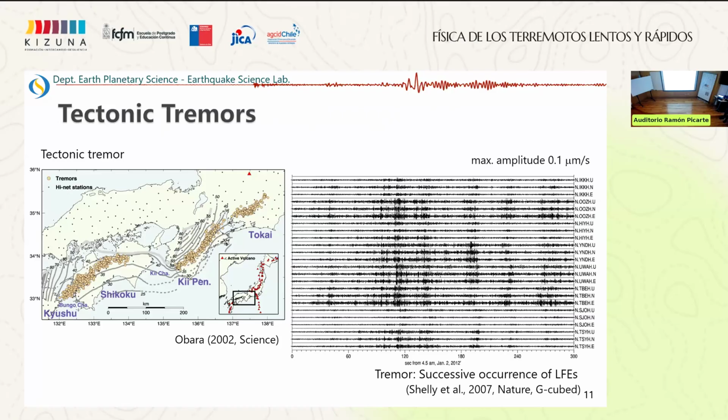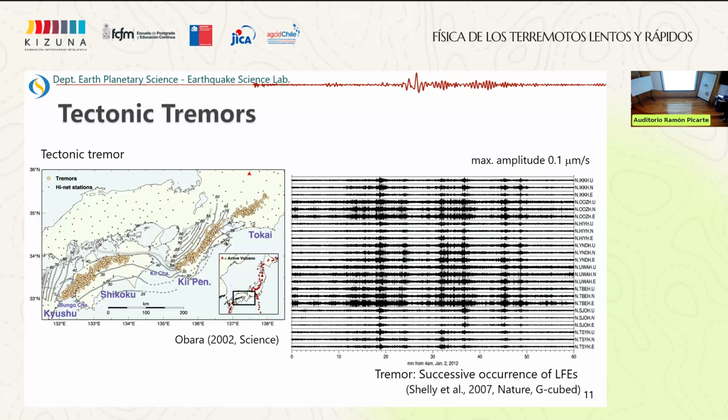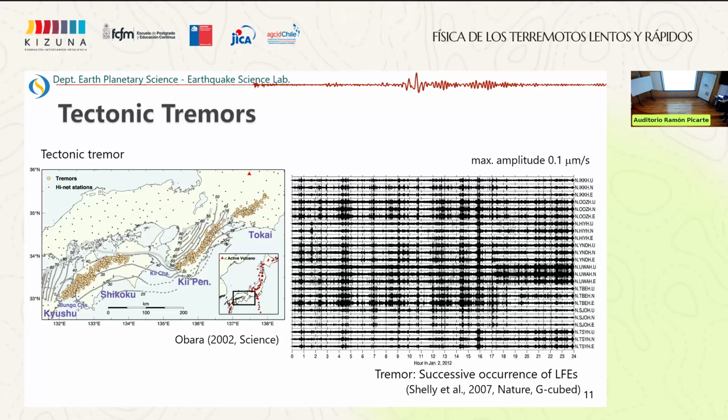This is 5 minutes, but it can continue for even longer. This is 1 hour, and this is 24 hours, 1 day. It's a very tiny shake. The amplitude is just 0.1 micron per second, so we cannot feel it, but a very good seismometer can detect this event.